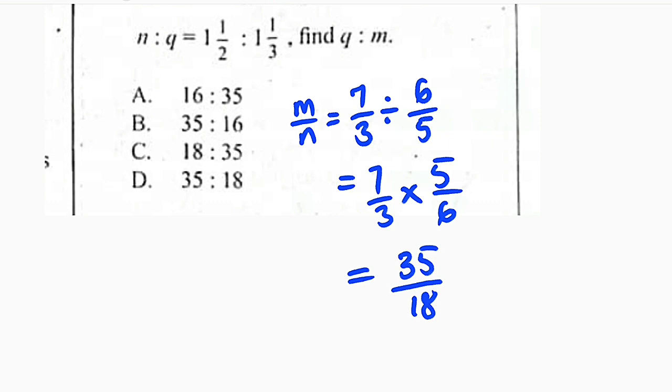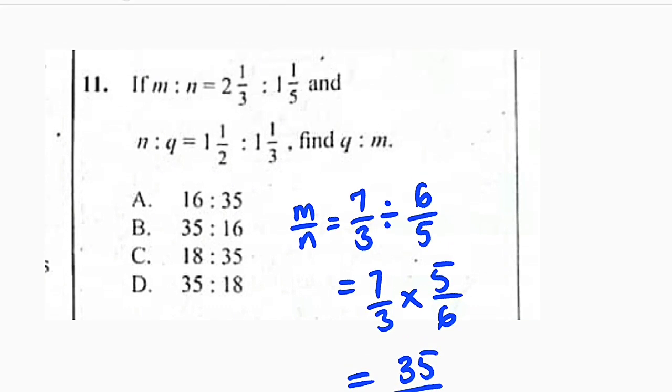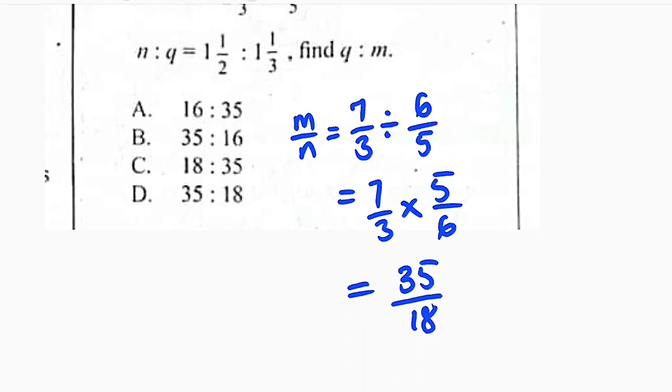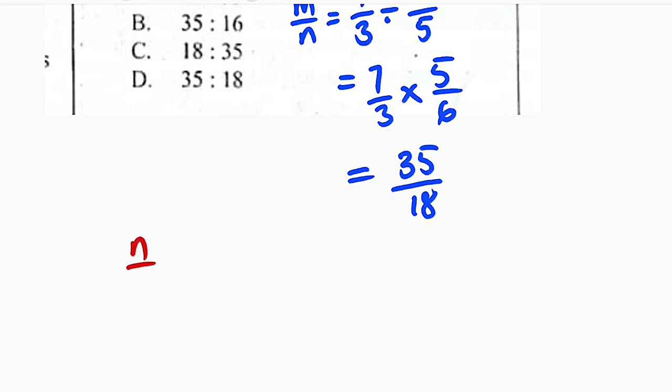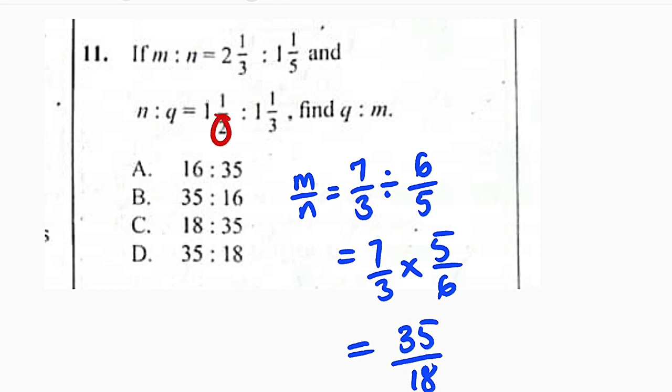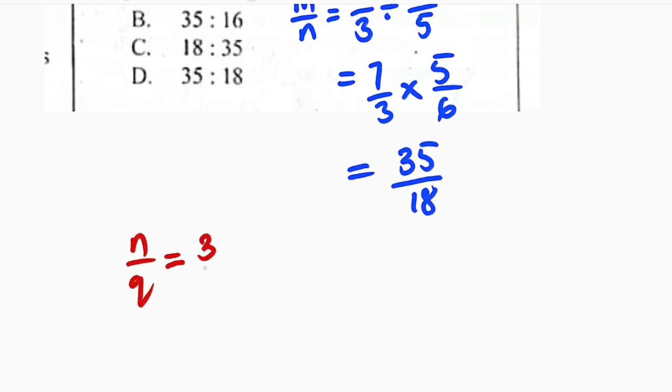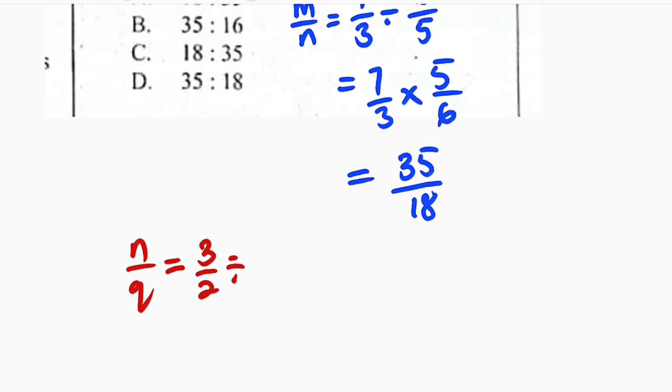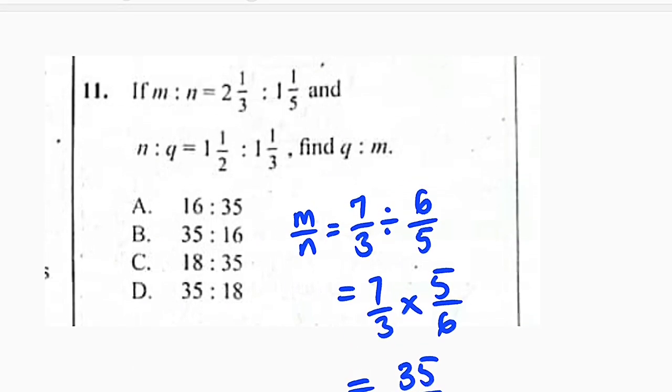Then secondly, we're going to take n to q. So n divided by q will be equal to 2 times 1 is 2 plus 1 is 3. So we have 3 divided by 2, divided by the other number, which is q: 3 times 1 is 3 plus 1 is 4.